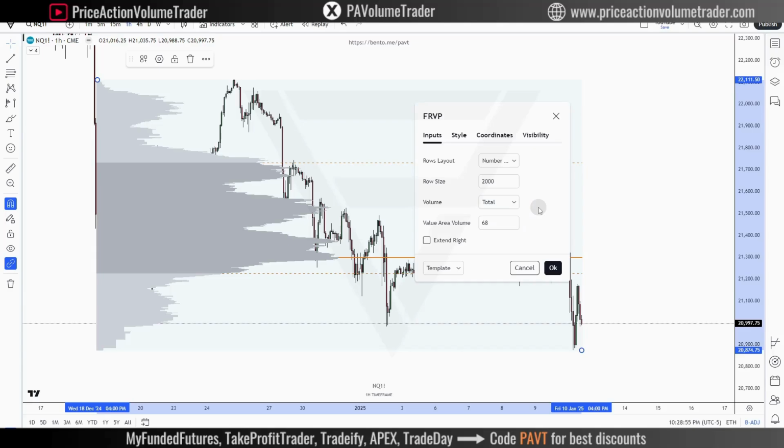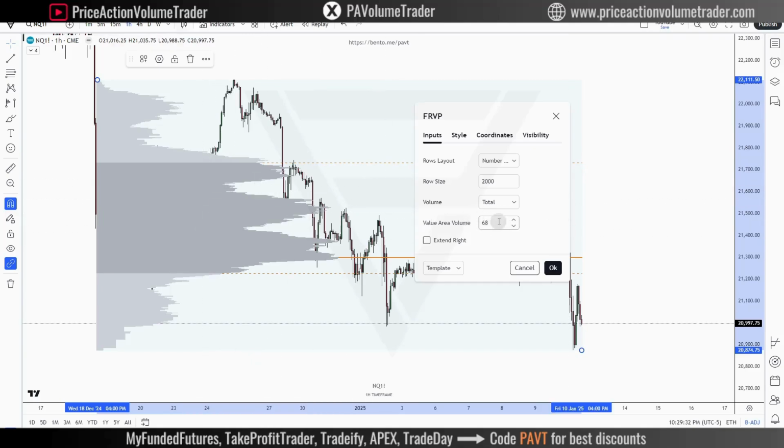That is what I use almost 90% of the time, except if I want to use something like a delta volume profile, which is a whole other topic that we're not going to get into now, that is a little bit more advanced. Delta is simply the measurement of executed buys minus executed sells. So that gives you a measure of the aggressiveness of buyers or sellers. That is something that is used a lot more in order flow trading. So for now, just focus on total volume for the volume profiles.